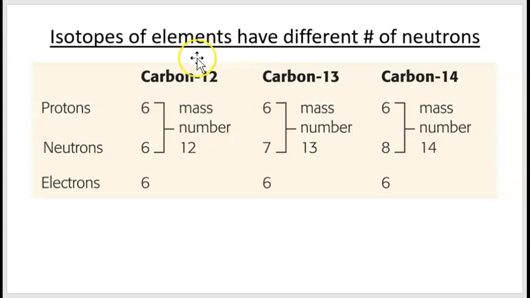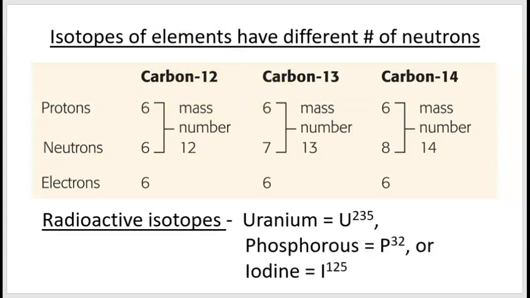And here you can see carbon 12 can become carbon 13, so it's a little bit heavier, and over here we've got carbon 14. Notice the number of protons and the number of electrons are not changing. You're just getting a heavier version of this particular element right here. And really kind of the interesting thing about this is when you look at isotopes, they're actually not stable.